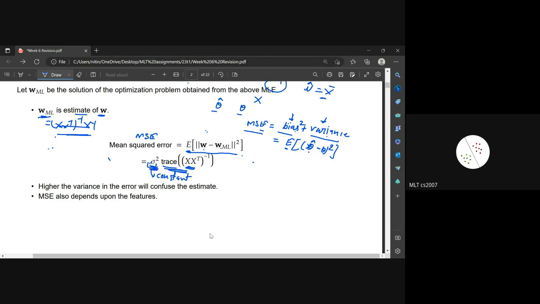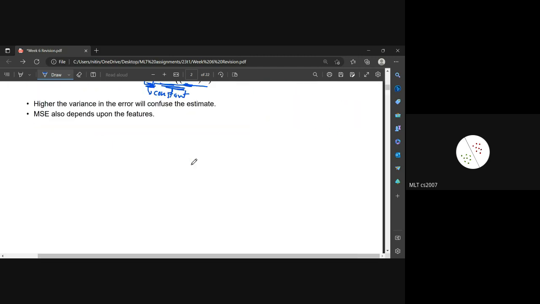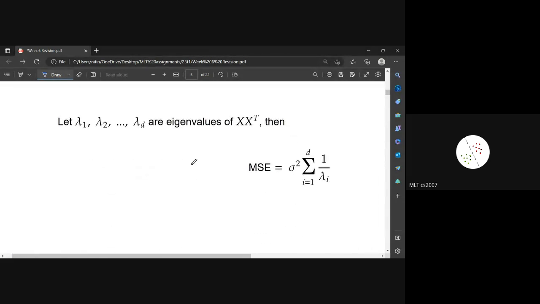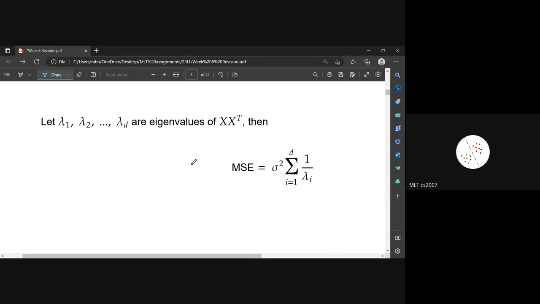This is a constant; we cannot handle this, but what we can handle is the term trace of X X transpose inverse, because this is one of our estimator's terms. Let's assume lambda 1 up to lambda d are your eigenvalues for X X transpose. So what will be the eigenvalues of X X transpose inverse?